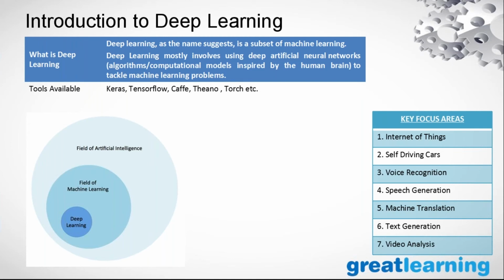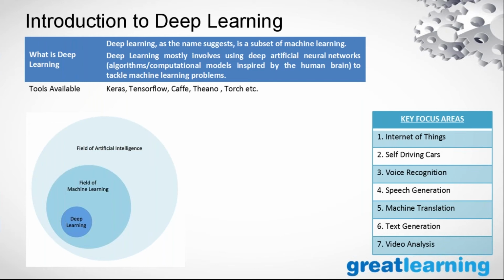Now, if I want to talk about the key focus areas in deep learning, these seven are some of the top focus areas. Again, they are not limited to these seven alone, but these are the most happening places. IoT, as you are aware, I think I did cover some of the concepts of IoT in the last webinar. The IoT space has a lot of potential, and we use deep learning to crack some of the problems occurring there.